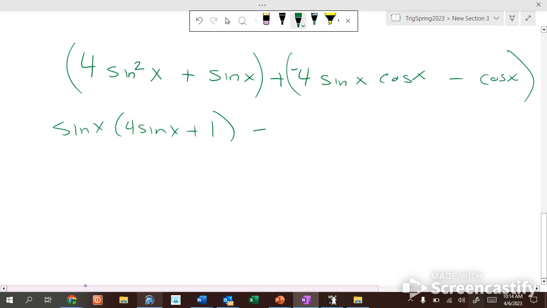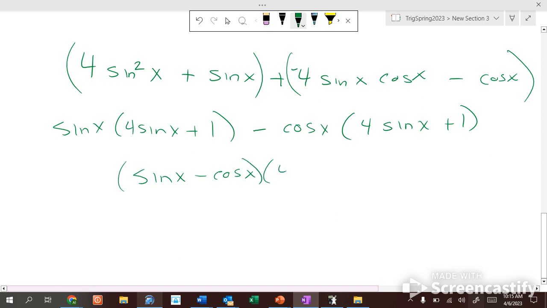So we have to take a negative cosine of x out, because what goes in your parentheses has to match or they will not regroup. They have to match. So we have sine of x minus cosine of x times 4 sine of x plus 1. Factoring by grouping.